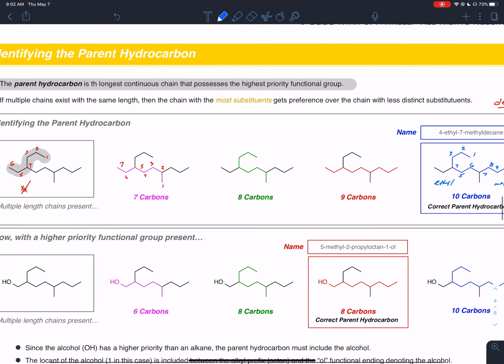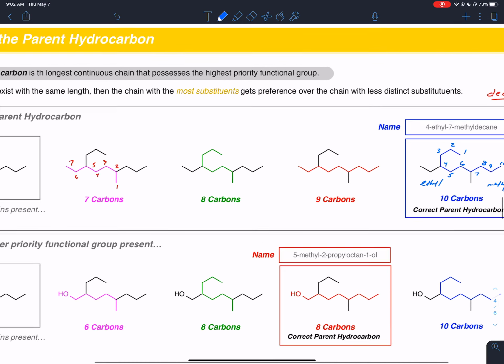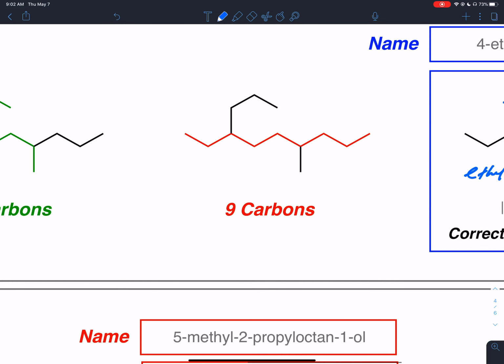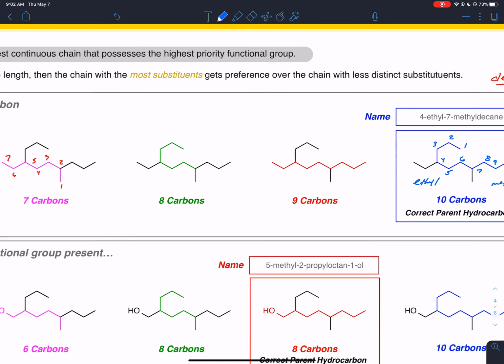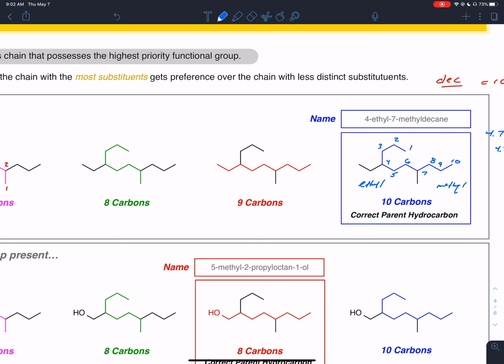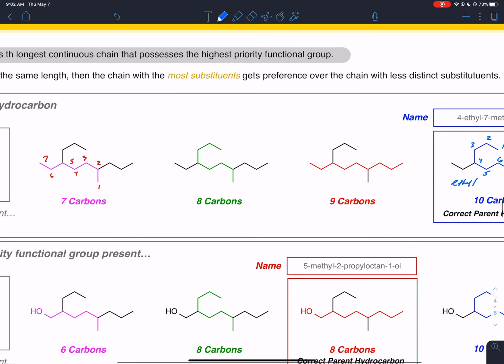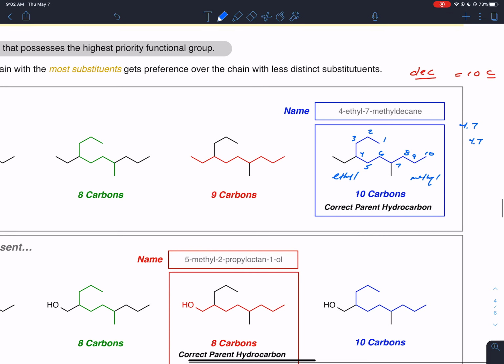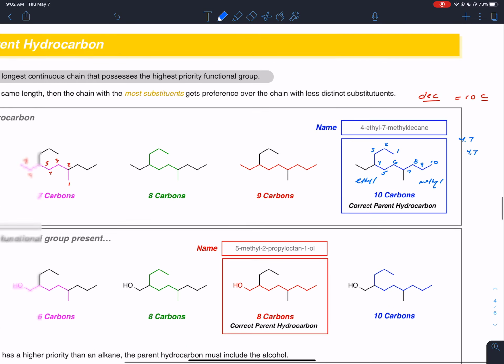So this example here is to show you that it's not necessarily the case that the longest continuous chain is just straight across. You might have to consider that chain bending and multiple different chains that are present, but it is the longest continuous chain that will be the parent hydrocarbon.